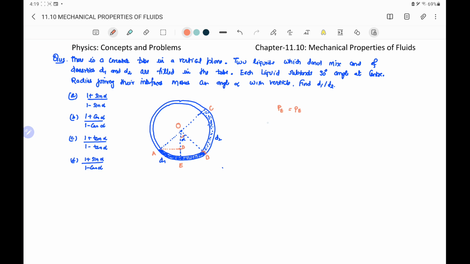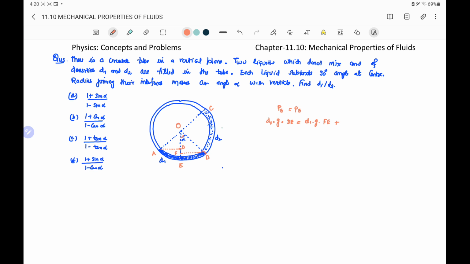So on the left hand side, the pressure at point E will be equal to the density d1 into gravity g and height is DE. Now the pressure at point E from the right hand side. Again we drop a perpendicular from the point B on the vertical line, and suppose this meets at point F. So we can write it is having the density d1 into g into, and now the height is FE plus. Now we have to find the height of the liquid of density d2.